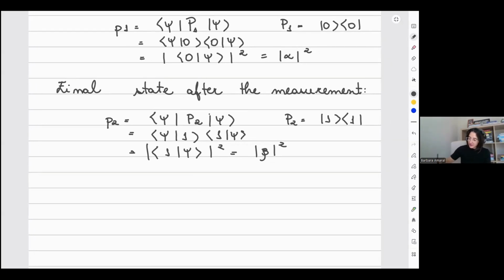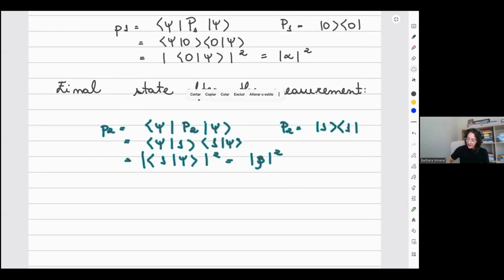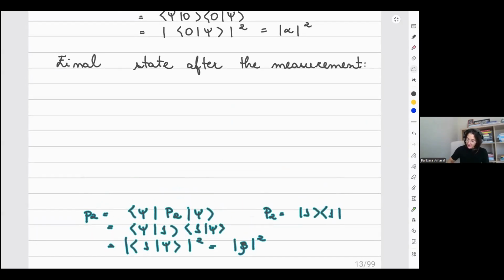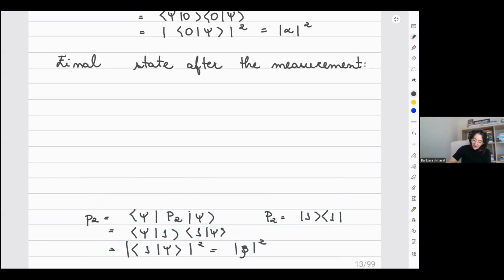And no, I'm crazy. I was going to do that, and I remember I had to do something else before that, and then I did the same thing again. So the final state, psi f, given that outcome 0 was obtained, or outcome 1, is P1 psi over the modulus of P1 psi, which is only going to give you trouble to compute when there are degeneracies in your matrix.